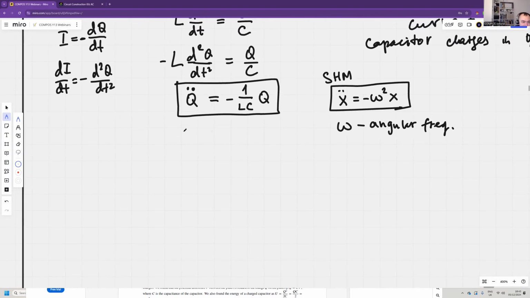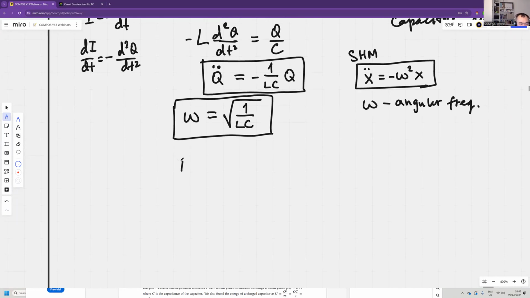Okay, so I can assert that omega is square root of 1 over LC. This is the frequency of the circuit.